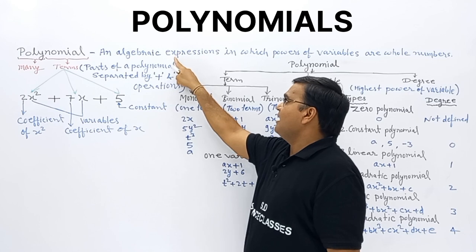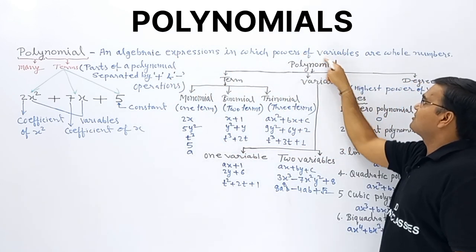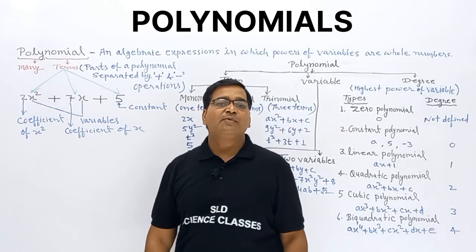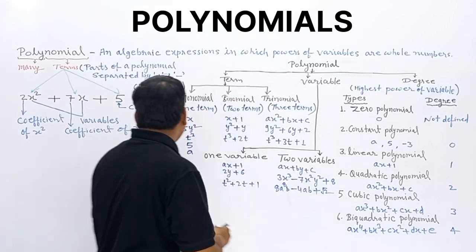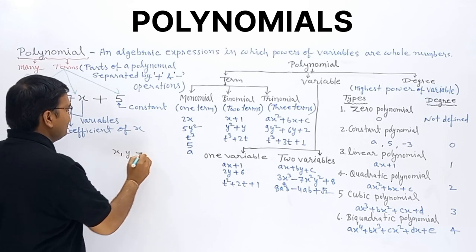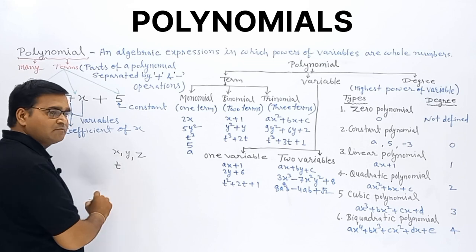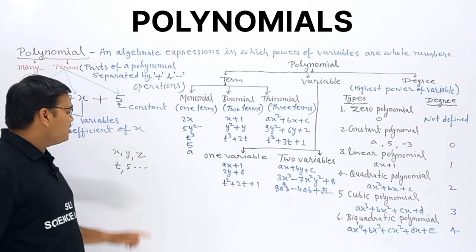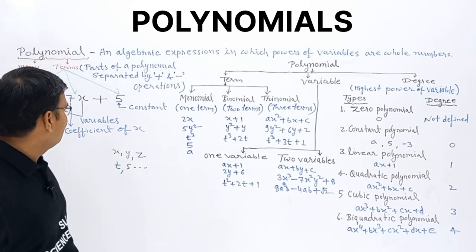Polynomials are algebraic expressions in which powers of variables are what? Like this. Variables can be represented as x, y, z, and sometimes we can also use t, s, etc.